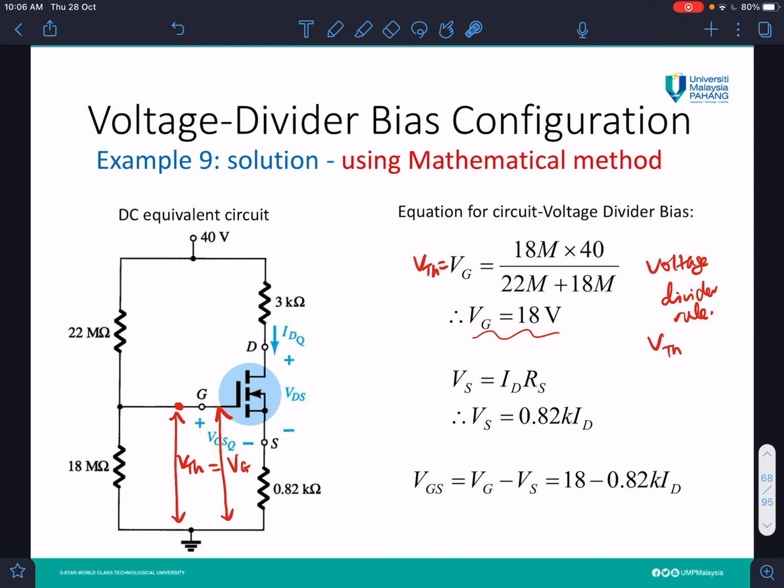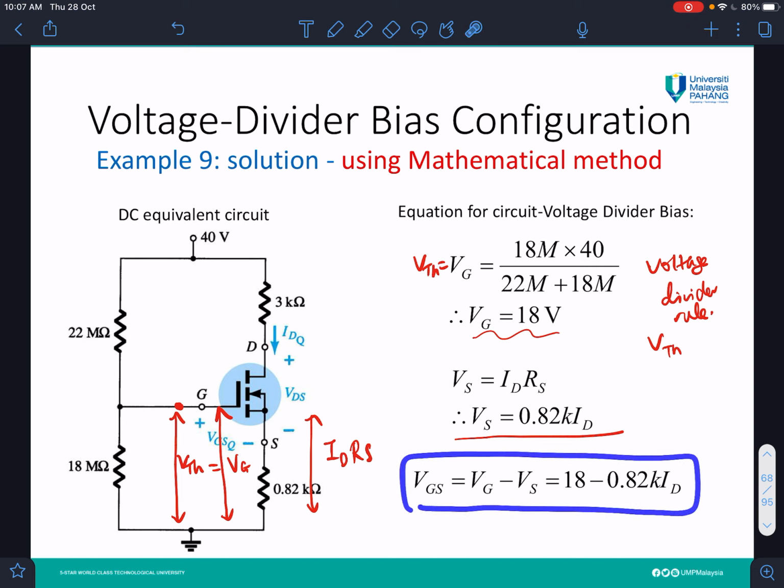Then we find VS. With ID and RS, insert the RS and you get VS equal to 0.82 K ID. So the VGS equation is now 18 minus 0.82 K ID.